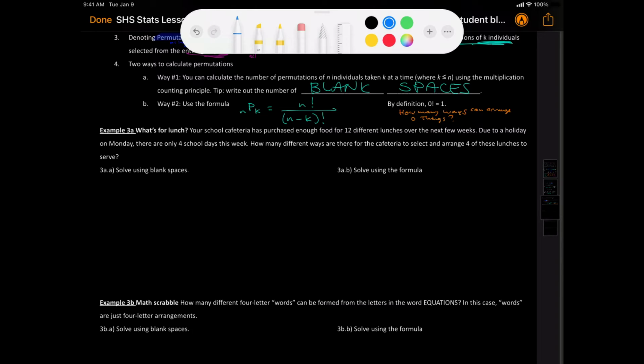If you're hungry, maybe pause, but 3A, what's for lunch? Your school cafeteria has purchased enough food for 12 different lunches over the few weeks. So I'm going to underline that one, 12 different lunches. Due to a holiday on Monday, there are only 4 school days this week. How many different ways are there for the cafeteria to select and arrange 4 of these lunches to serve?